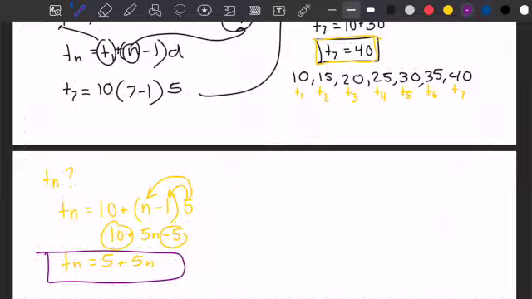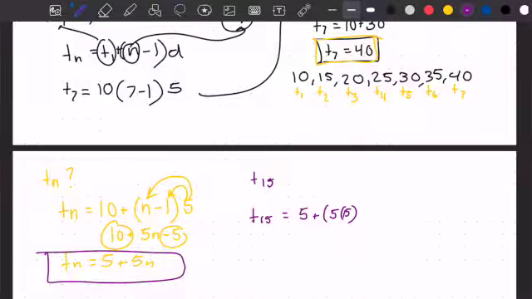So I can determine that Tn, whatever that term is going to be, is equal to 5 plus 5 times that same number. If I wanted to find T15, T15 is equal to 5 plus 5 times 15.